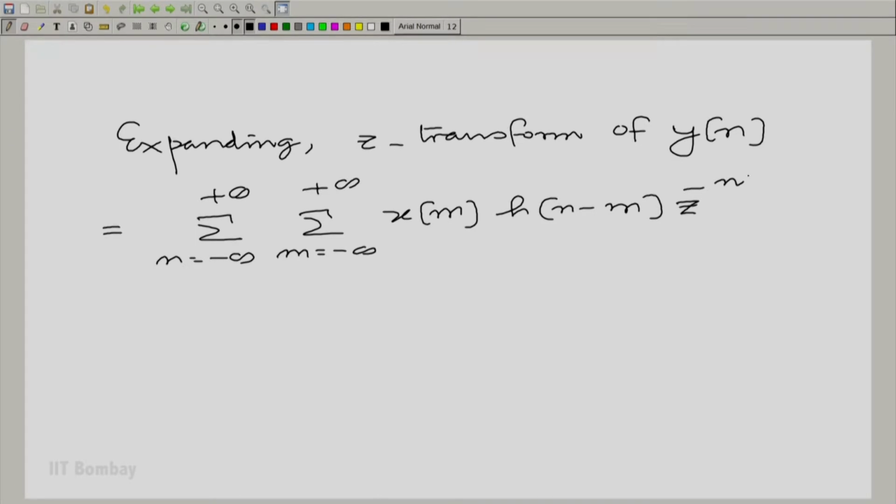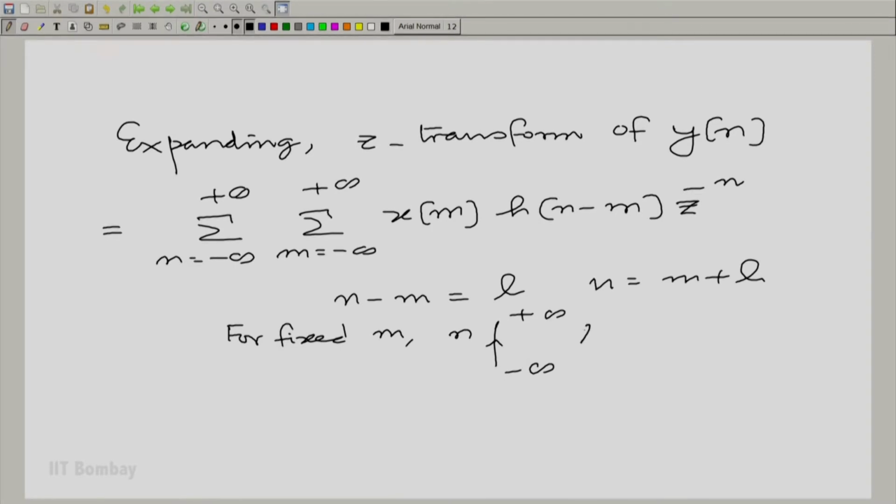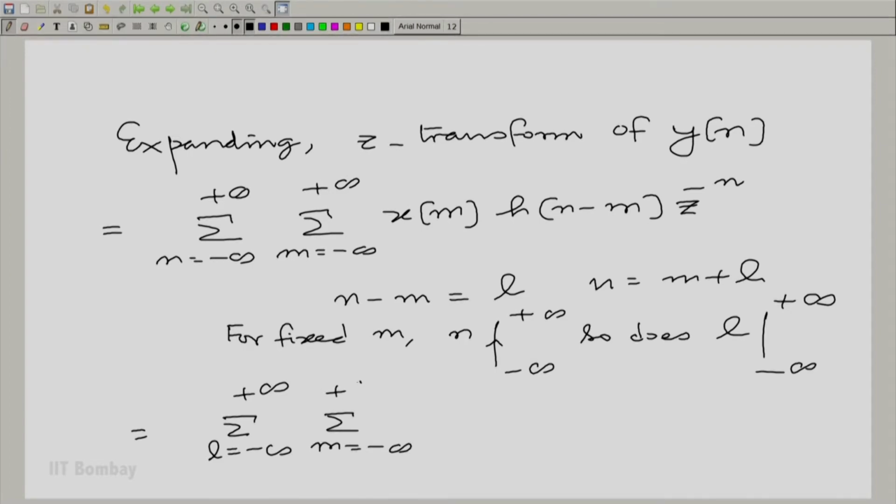As usual, we need to make a transformation of variable. So, we will keep m as it is, but we put n minus m equal to L, thereby n becomes m plus L. And for fixed m, if n goes from minus to plus infinity, so does L. So, this breaks down into summation L going from minus to plus infinity, summation m going from minus to plus infinity, x of m h of L z to the power minus (m plus L).